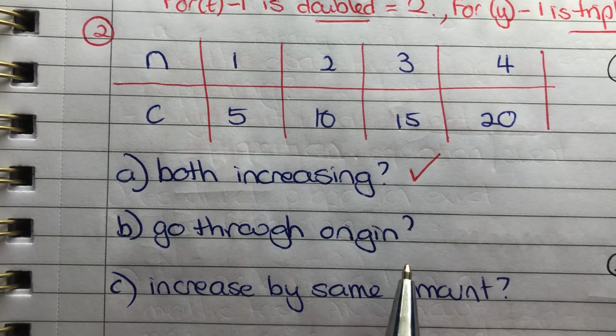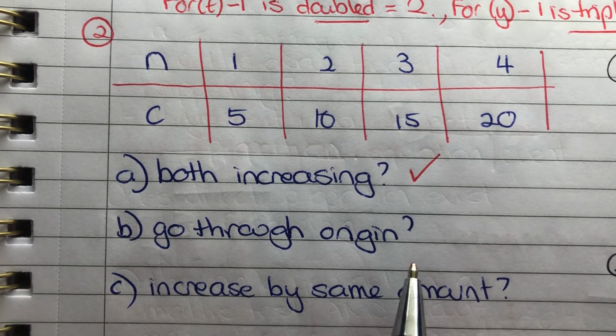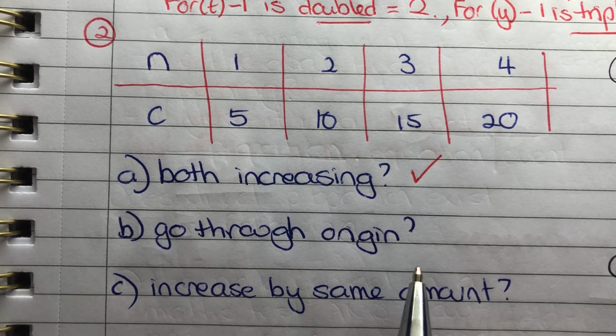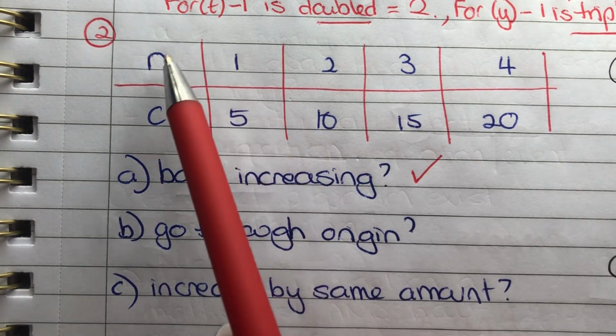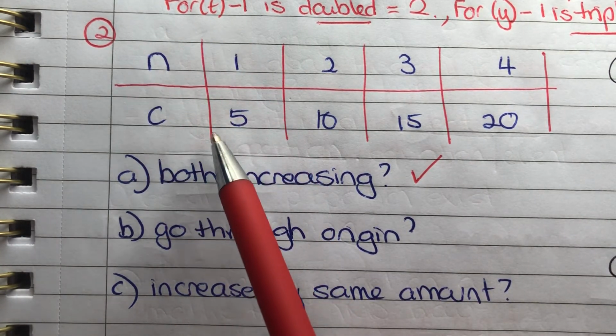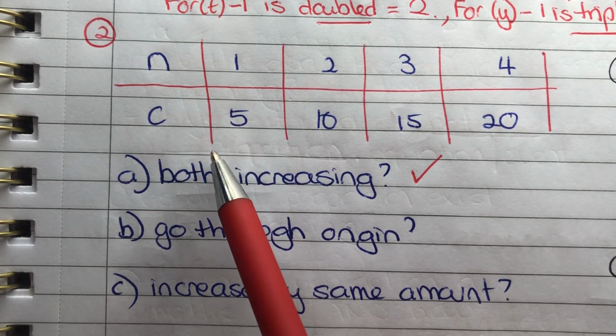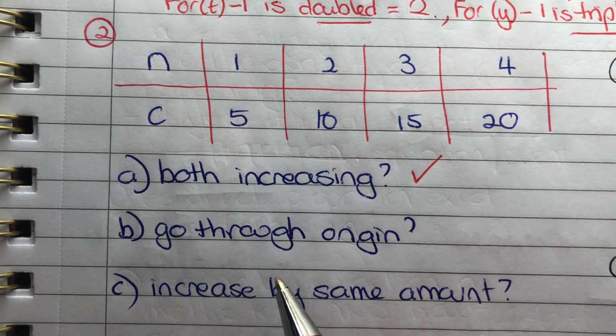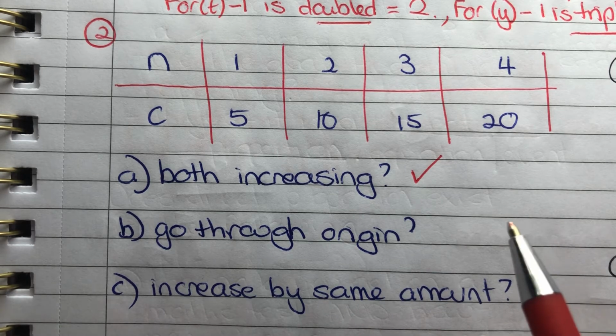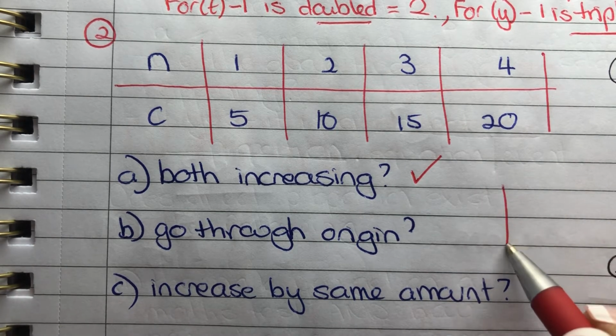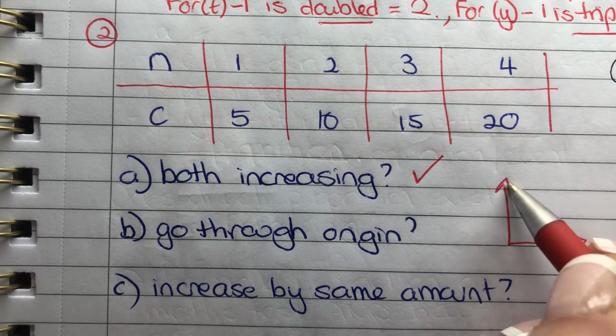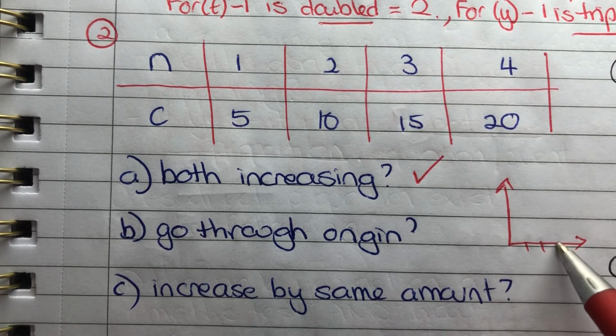Now for this one, you want to draw a very quick sketch, or you can have a look at your pattern. In this case, there's no 0, 0 there, so it's not given to us. Probably the easiest way is to draw yourself a quick sketch, although this would definitely have to be ruled up properly.